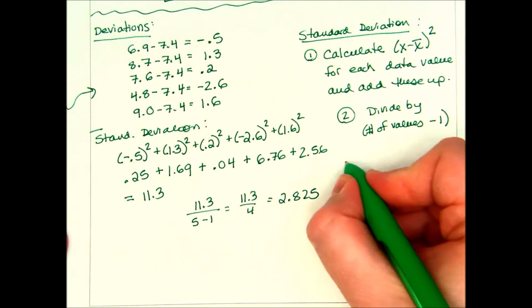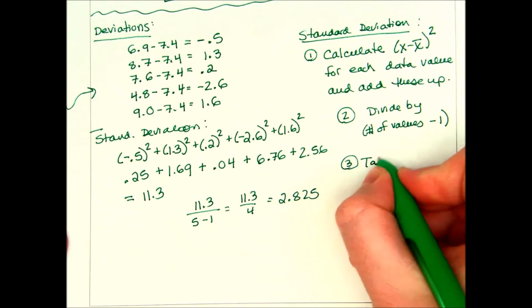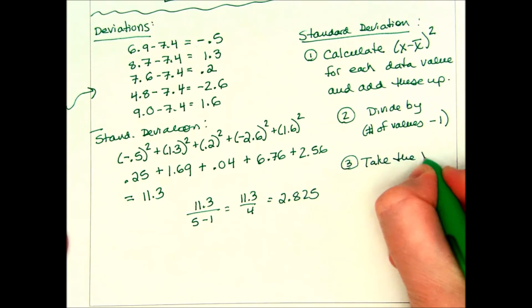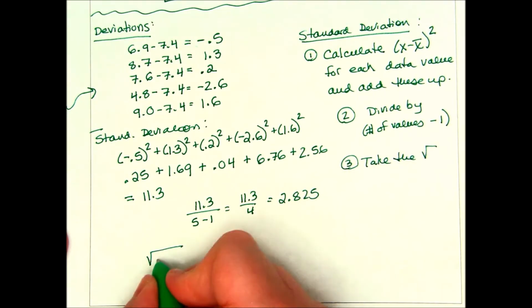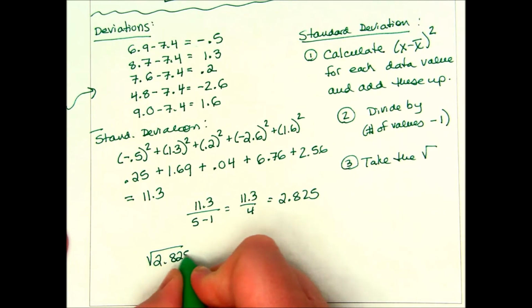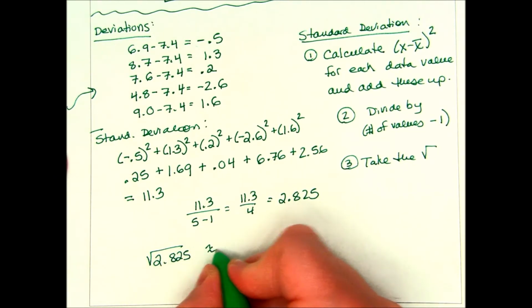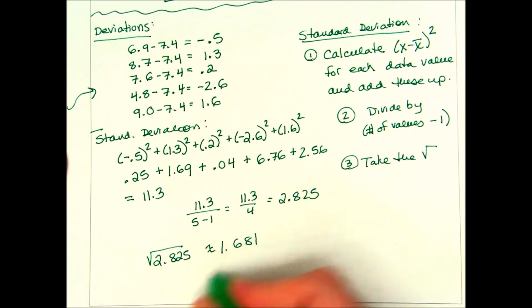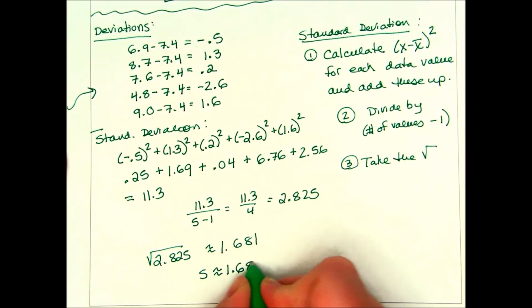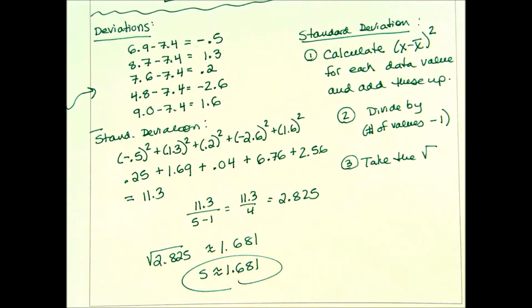Last thing I need to do: take the square root. Getting about 1.681. My standard deviation, about 1.681, which is saying, on average, each data value deviates from the mean by about 1.681.